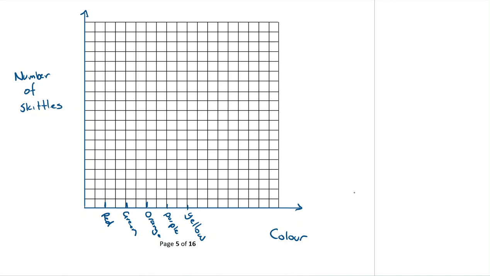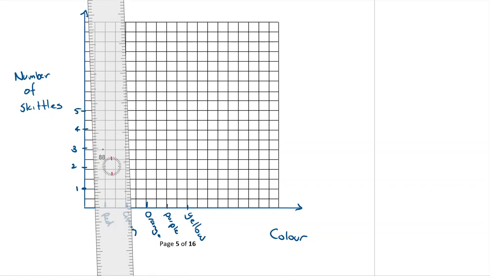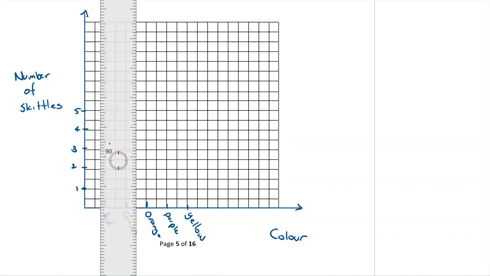Okay, on the vertical axis, I'm going to use every second space. So 1, 2, 3. Let's get on with it, please. Remember to draw your columns. We need to have half a space in front and half a space behind where the label is. So for red, I had 5.